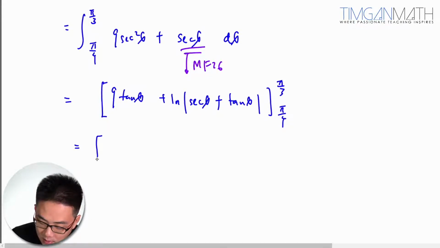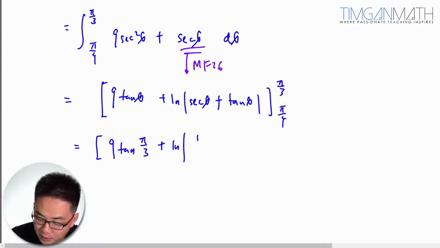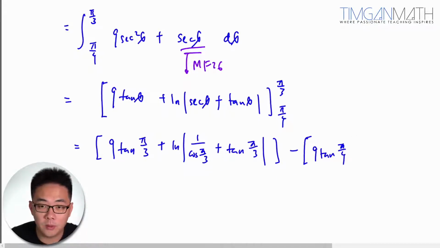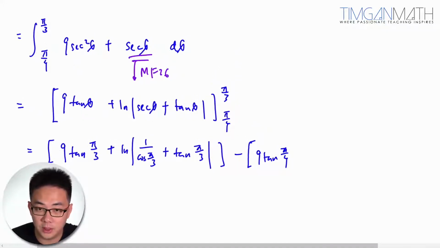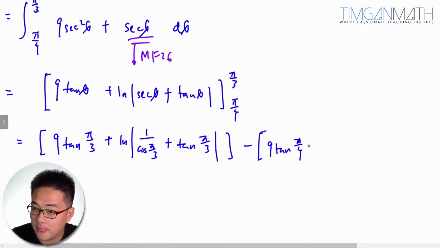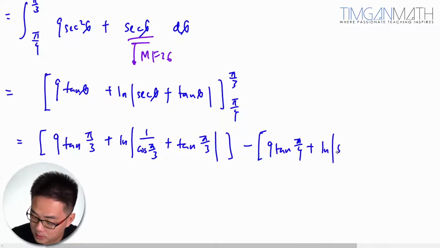This will be 9 tangent pi over 3, plus ln secant pi over 3 plus tangent pi over 3, minus 9 tangent pi over 4, which is 1, since 45 degrees is pretty convenient for tangent, minus ln secant pi over 4 plus tangent pi over 4, modulus.